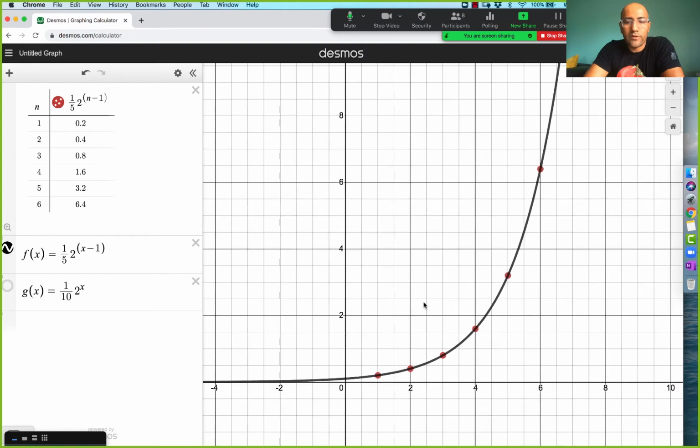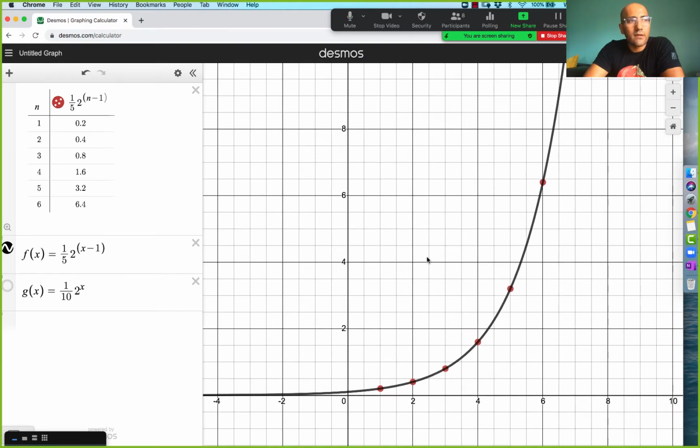It'll be important to really have the distinction in mind: the difference between an equation that's a sequence, where the input values are all counting numbers, n equals 1, n equals 2, n equals 3, and they represent a location on a list, but that's very closely related to its function, where the domain is all real numbers, and the sequence just happens to be individual instances of the continuous function. Any questions about that?